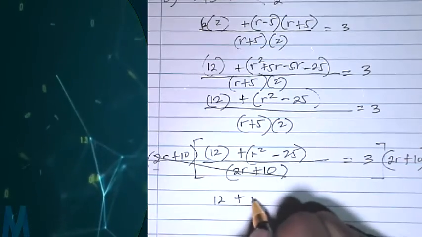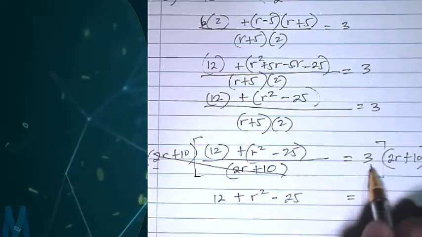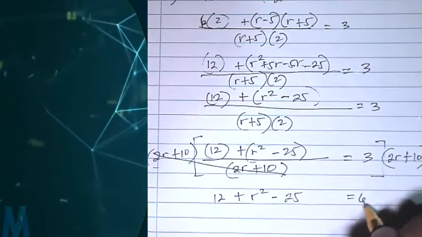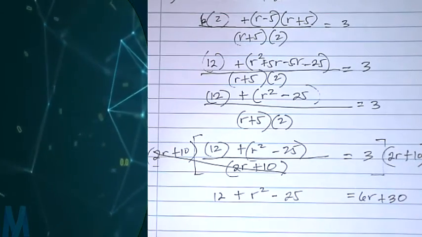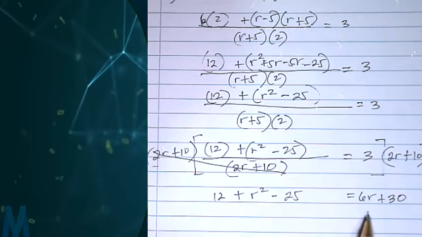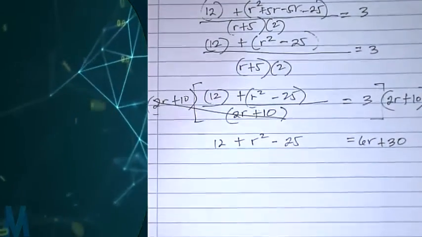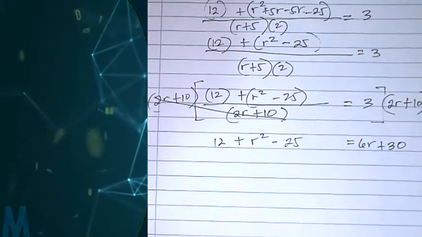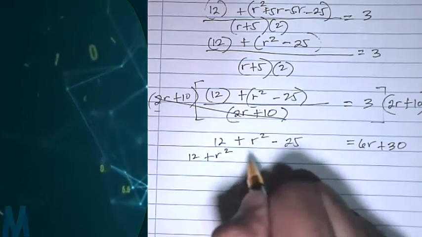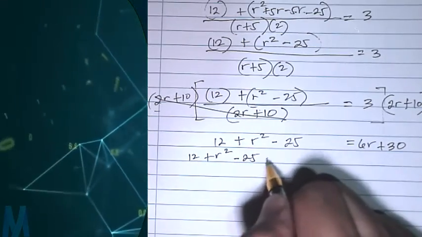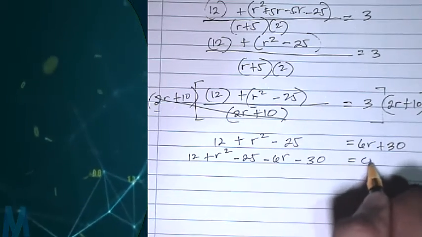So we have plus r squared minus 25 is equal to 2r times 3 is 6r plus 30. Then we're going to transfer 6r kag ang 30. So we have 12 plus r squared minus 25 minus 6r minus 30 is equal to 0.